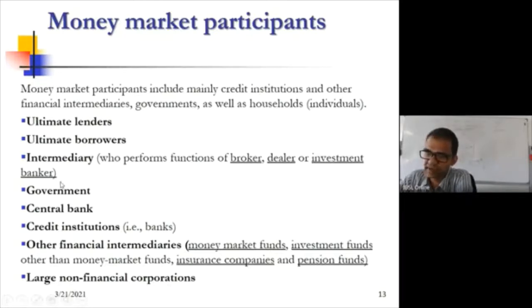The investment banker can find some investors who are willing to lend to a corporate without going public. That is what we call a private placement. That is a transaction between the corporate and the investor. Then it would become a non-negotiable or non-tradable product. The investor cannot transfer that ownership to someone else.